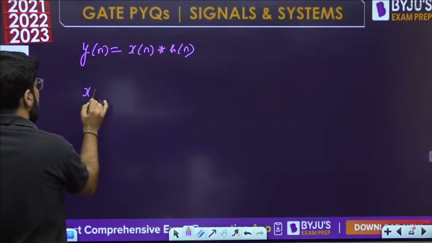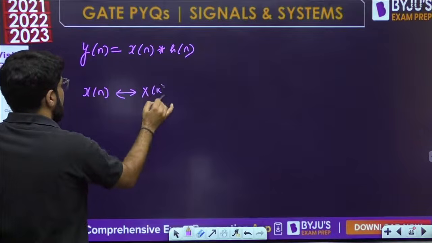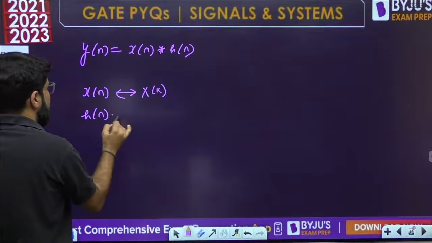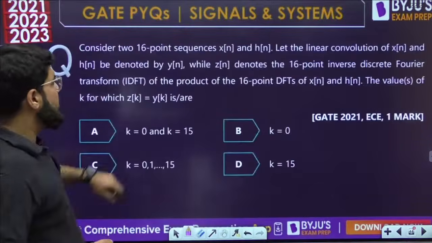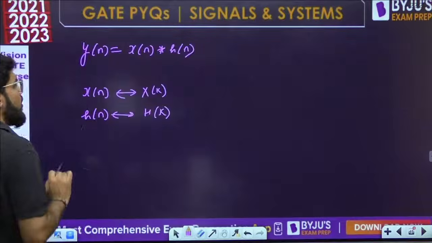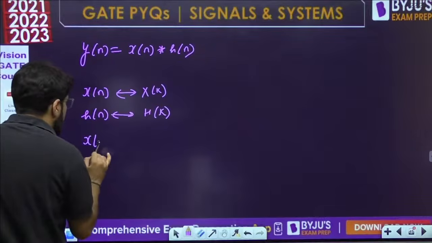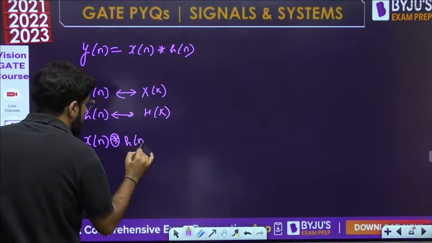Now look, let's say xn has the DFT xk, and let's say hn has some DFT known as hk. Now we need to take the product of the DFTs of xn and hn. When does the product of DFTs come? When you take the circular convolution of xn.